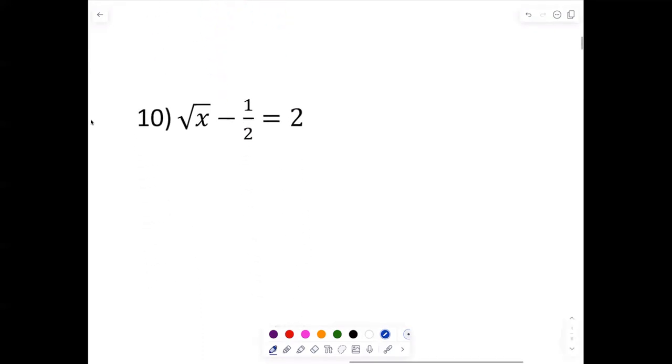All right, over here, what do I have to do? Add 1/2. Square root of x equals. Now, at this stage of the game, everybody should be able to say that's just 5/2. Right? Because 2 is the same as what? 4/2. 4/2 plus 1/2 is 5/2. And now what do I do to both sides?